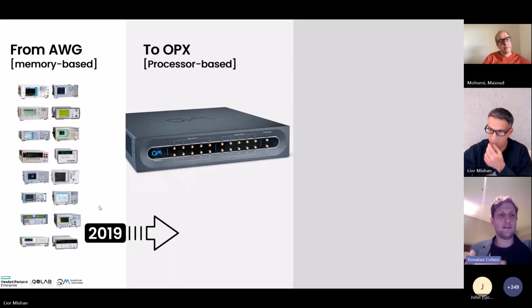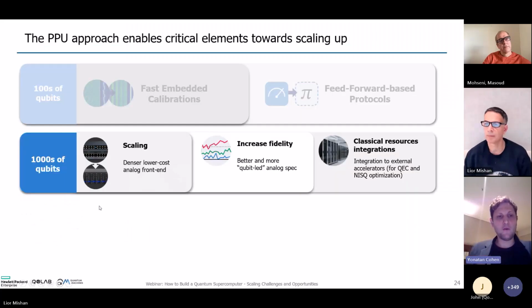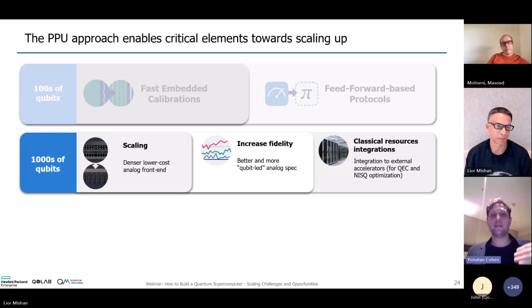But okay, this is at the 100 qubit level. But now we want to go to the thousands and thousands of qubits level. We need to push on three different layers. First of all, scaling. We need to make denser and denser control electronics with lower and lower cost per qubit control. Then we need to increase fidelities. We do that by providing better and better analog specifications.